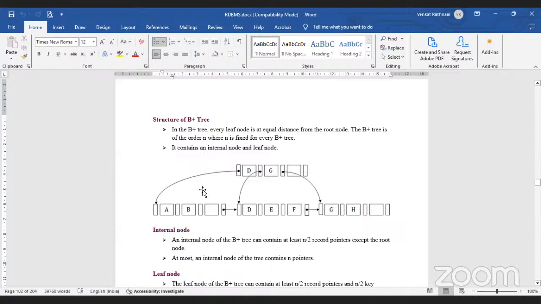Each leaf node contains the same length, meaning ABC, here only three. Here also DEF, three. Again GH, some empty, three only. The root node is also known as the internal node.